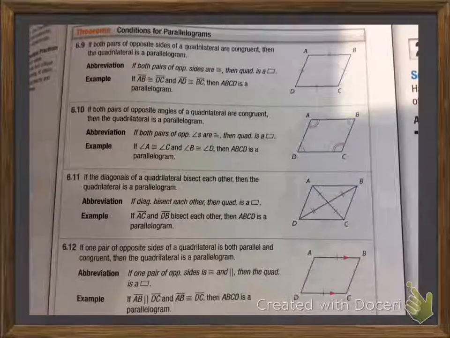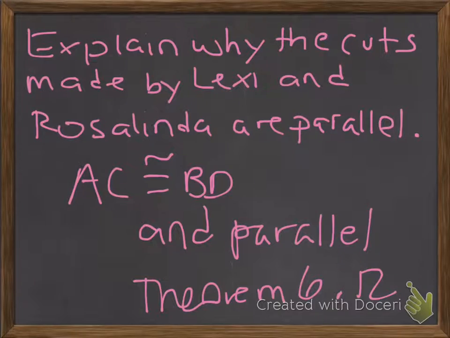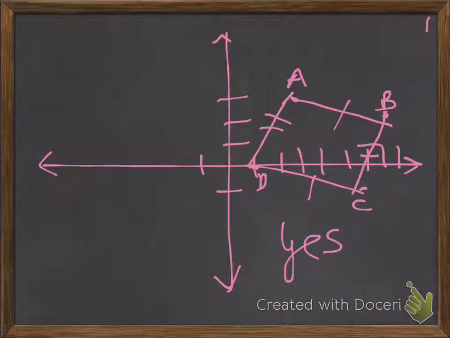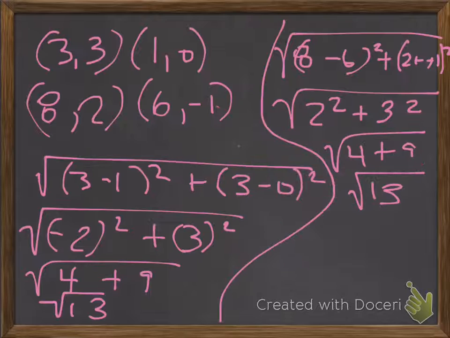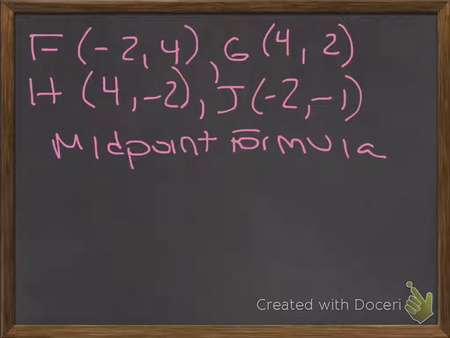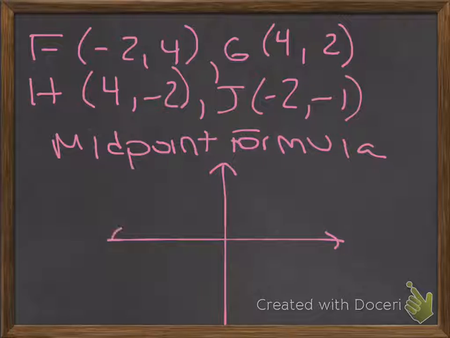So if we do that, we would need to find the midpoints now of AB and DC, or in this case, we have a different set of letters. We're going to need to find the midpoints of these, so I would graph these first to get a better picture of which lines to get a midpoint for.